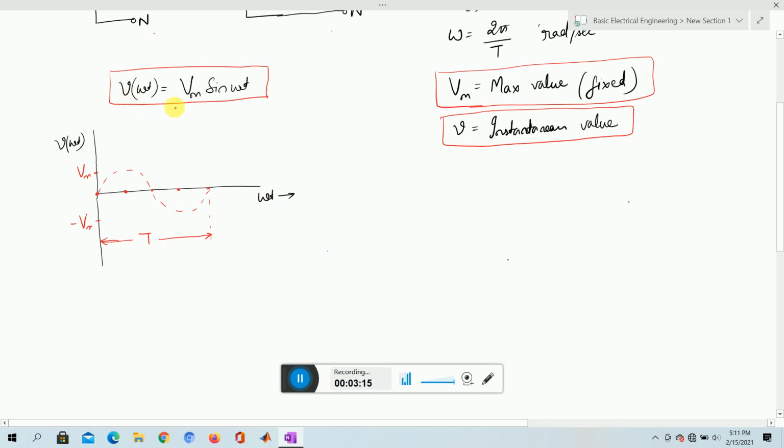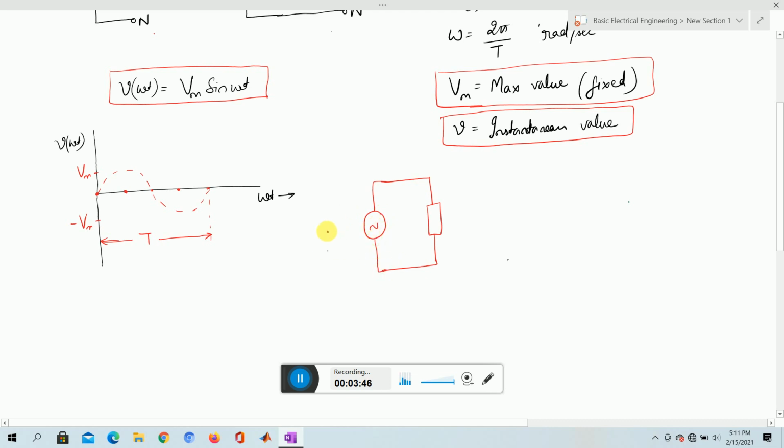So can I have some value which is not changing with time and which will represent the equivalent of the instantaneous values summed up for the entire time T? Let us say we are applying this AC voltage to a certain load for a time T.